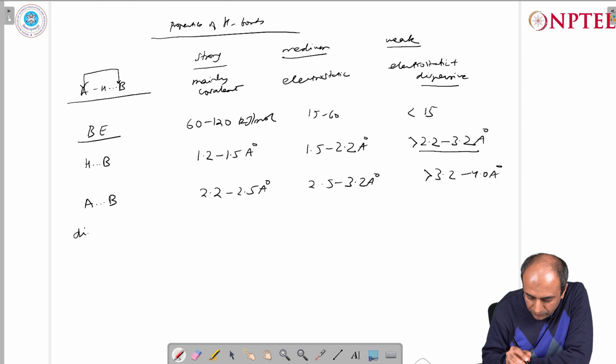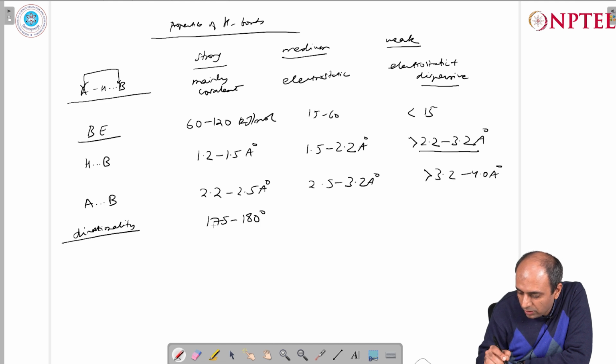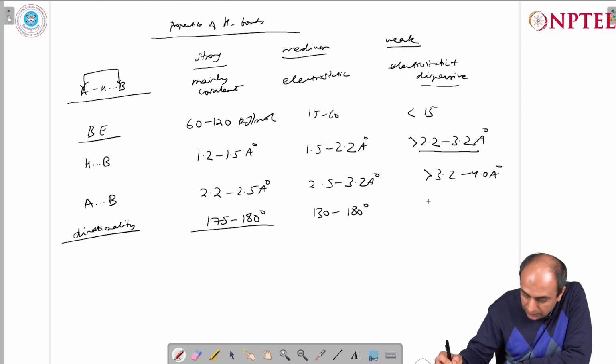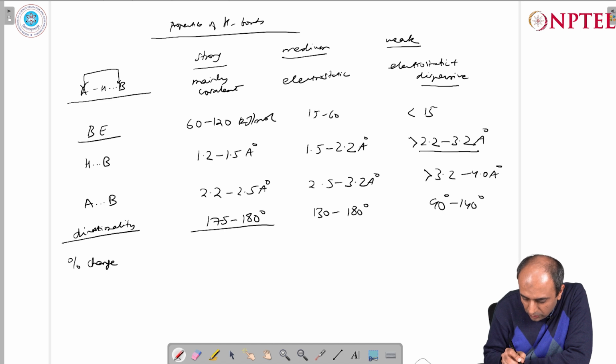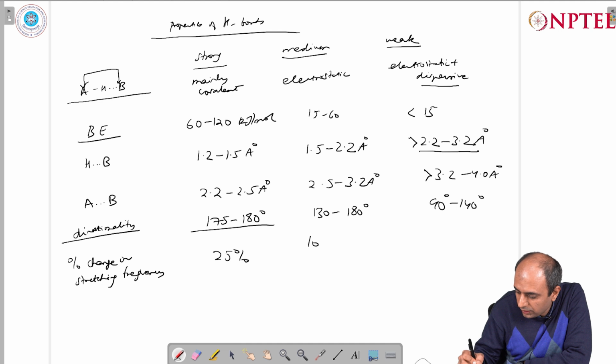And then the directionality of hydrogen bonds: strong hydrogen bonds are highly directional, 175 to 180 degree, then 130 to 180 degree, and then between 90 to 140 degree. And the percentage change in stretching frequency is approximately 25%, then 10 to 25%, and less than 10%.